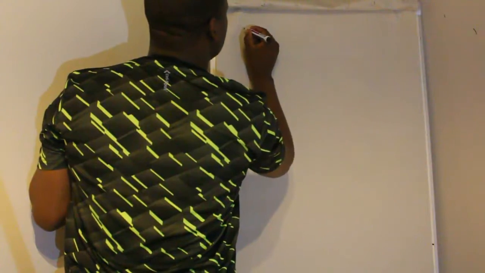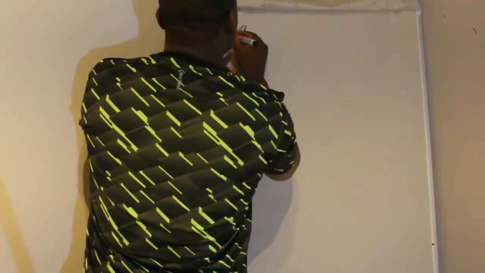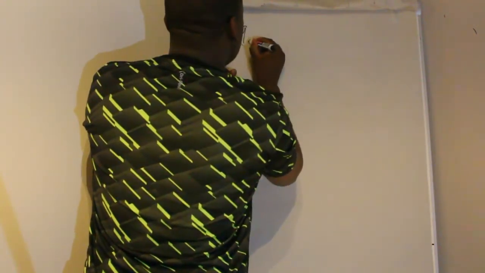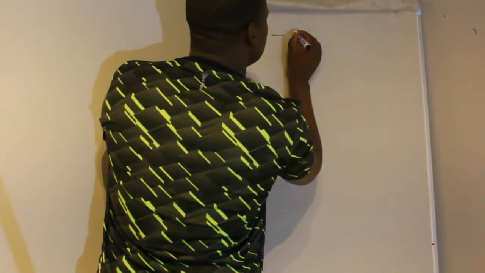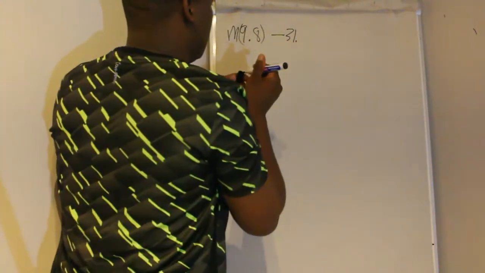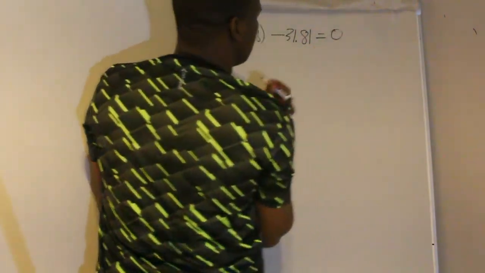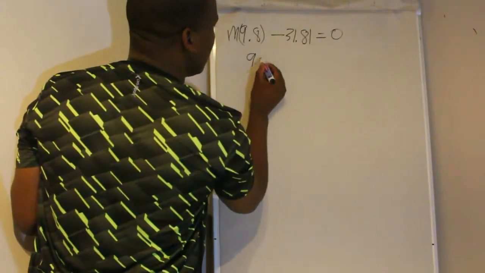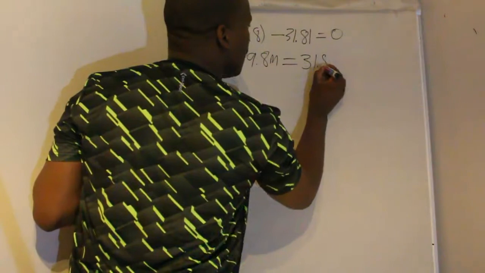So you have mg, m times 9,8, minus T, which is 31,81, is equal to 0. So you have 9,8 m is equal to 31,81.